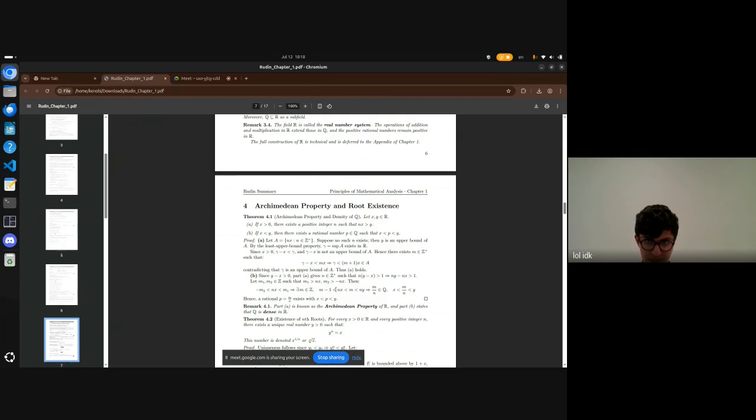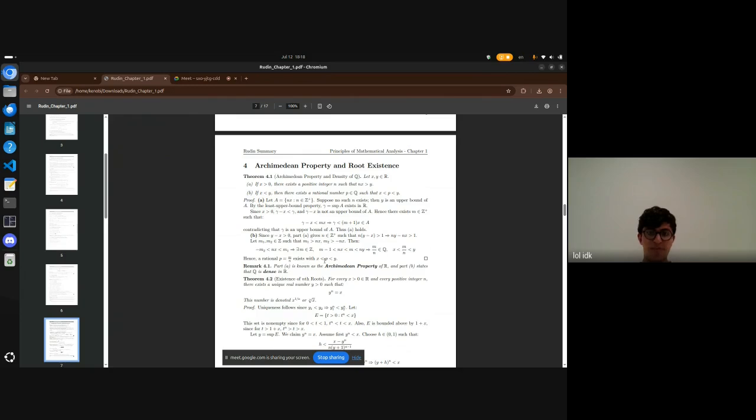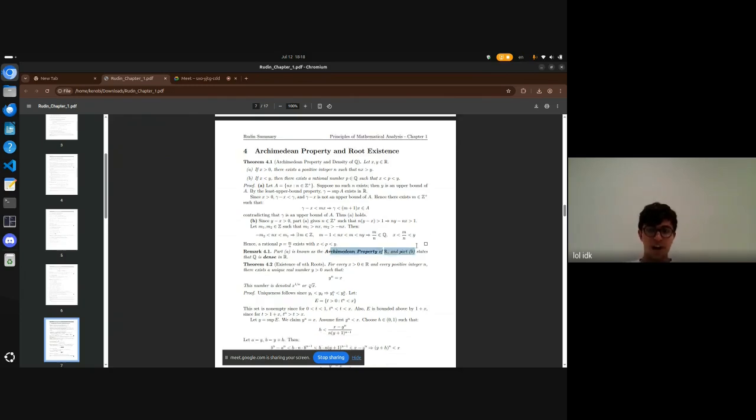Which gives m minus 1 less than nx less than m less than ny. If we divide by n on each side, we get x less than m over n less than y. Which means that there exists a rational number p equals m over n, such that x is less than p less than y. So the Archimedean property of R and part B state that Q is dense in R. That's what it means.